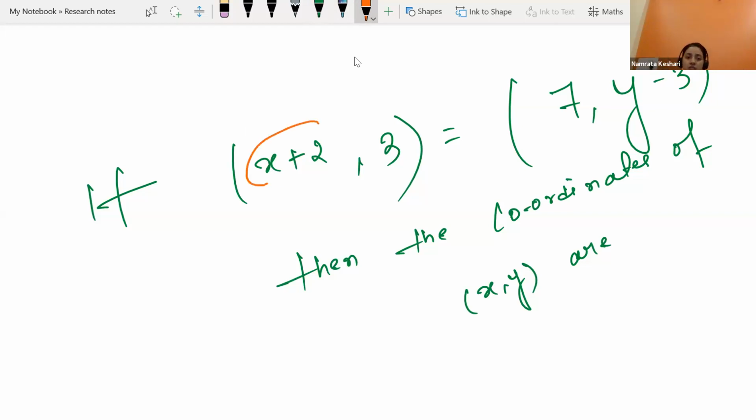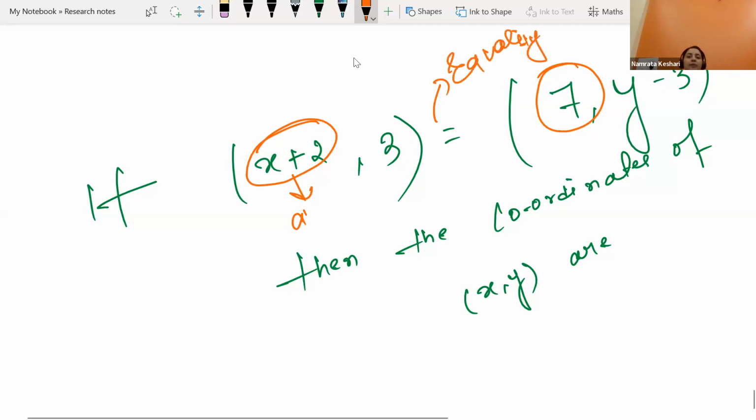That means x over here, whatever is representing abscissa, the x coordinate over here, will be equal to the x coordinate over there. Whenever you are comparing two coordinates, that means both are exactly same point. Even if it doesn't look same, both are same point. This equality sign means whatever point it is, it is exactly same as 7 comma y minus 3.